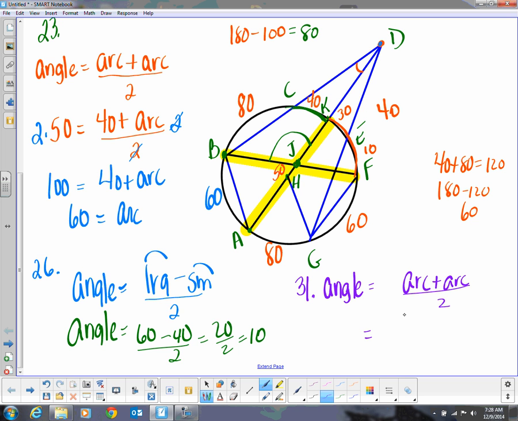So what's one arc that is cut off? Is it 80? Does the yellow stop here? The yellow stops here. Right, it's not 80 and it's not 40, but it is both of them. What about the other arc?